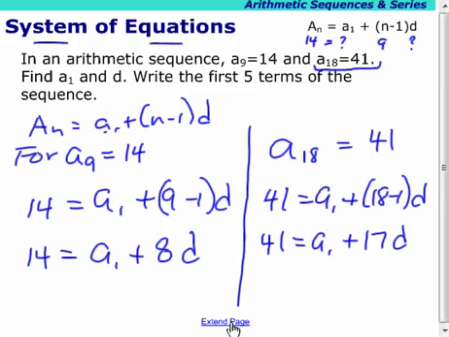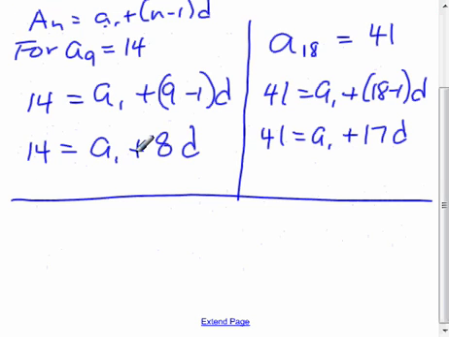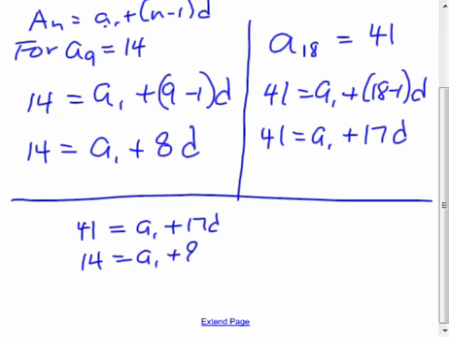Here I have two equations, both describing the same sequence, where I have two identical unknowns. If I have that, I can solve a system of equations. And these ones to solve are quite simple. 41 is equal to the first term plus 17d, and 14 is equal to the first term plus 8d.